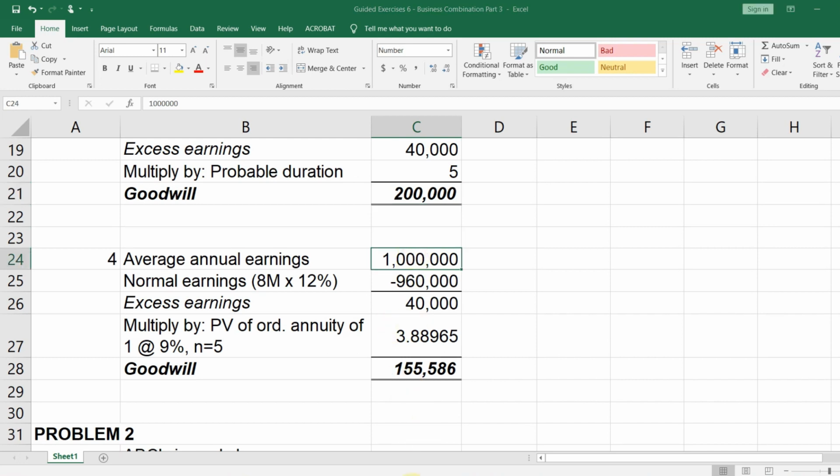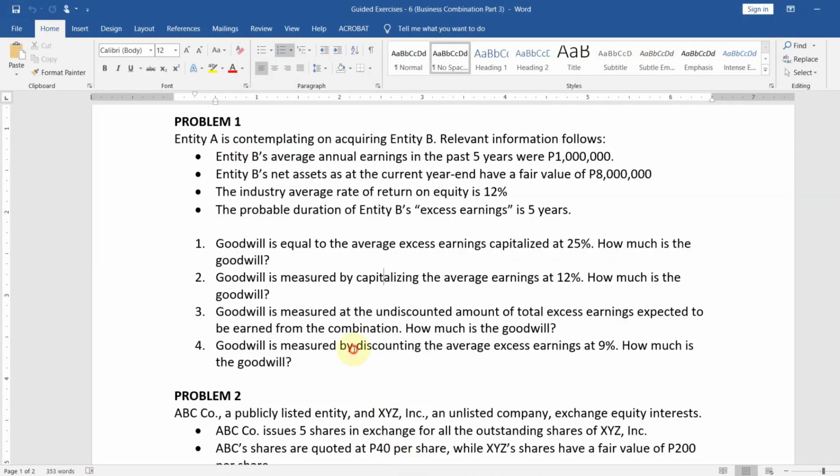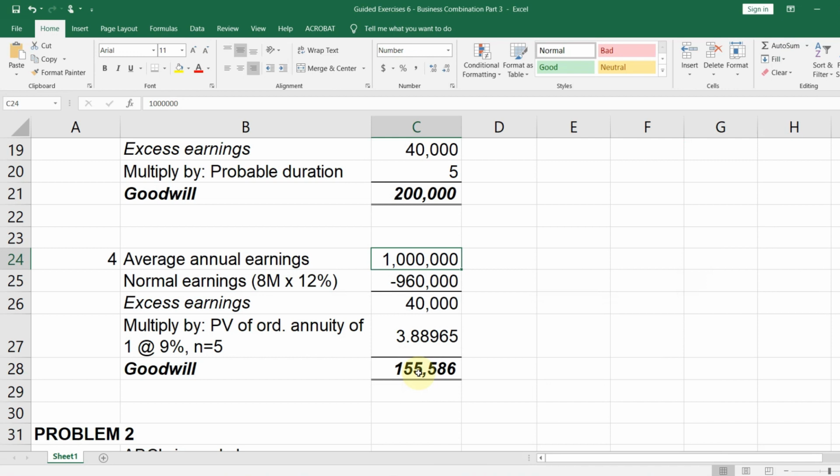We have goodwill is measured by discounting the average excess earnings at 9%. So we have to discount it. Yung excess earnings na 40,000, we have computed it already, discounted at 9%. Because the excess earnings will be earned for 5 years, ibig sabihin paulit-ulit siyang na-earn. So you have to use PV of ordinary annuity kesa naman sa isa-isahin mo pa siya.